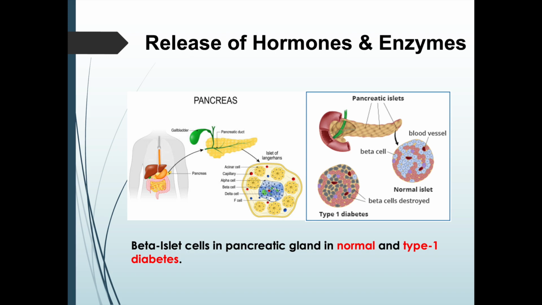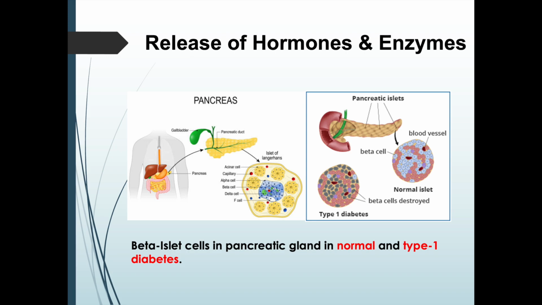These are beta cells which I am going to talk about, along with alpha cells, acinar cells, and delta cells. But regarding diabetes, I will be talking only about beta cells and some introduction with glucagon. As I told, glucagon is also a hormone that regulates the production of glucose or blood sugar.